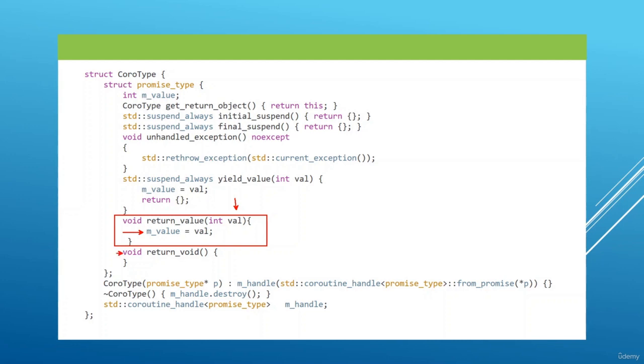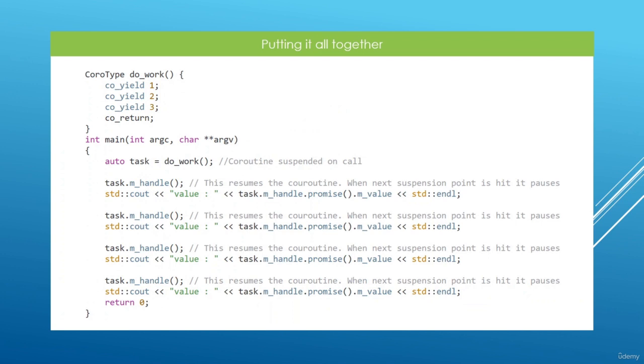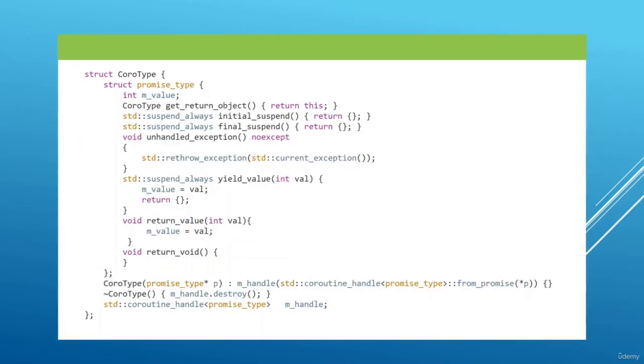We also have a return_void method which is going to be used if we do something exactly like this. So we don't really want to return anything. All we want is to jump out of the coroutine function. So the return_void function is going to be picked up by the compiler and be used from our promise type. And you have to make sure these methods are available if you want to support the co_return operator in your program.